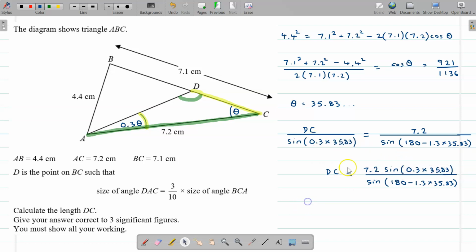So basically all I've done is taken the denominator of that, multiplied it by 7.2 on the numerator of this, and that will give me the length DC.